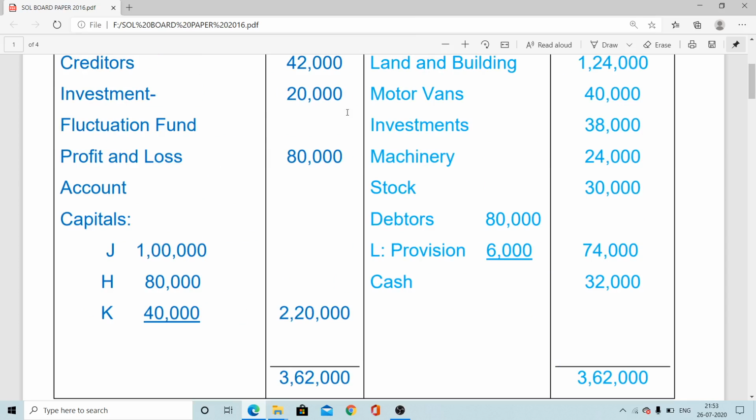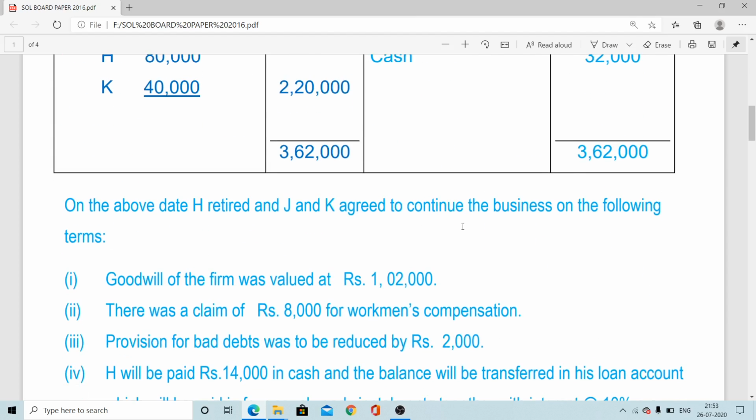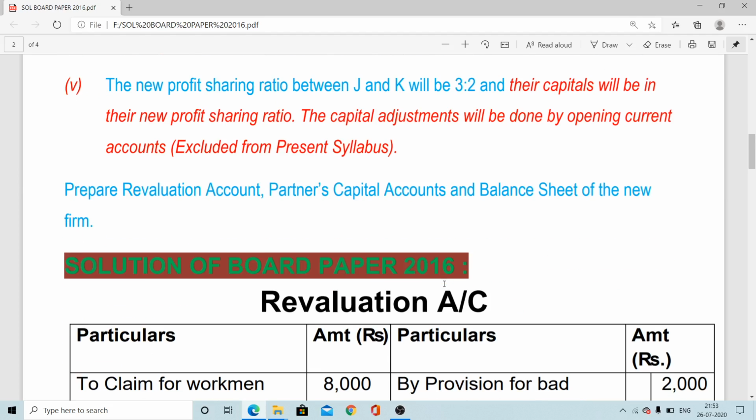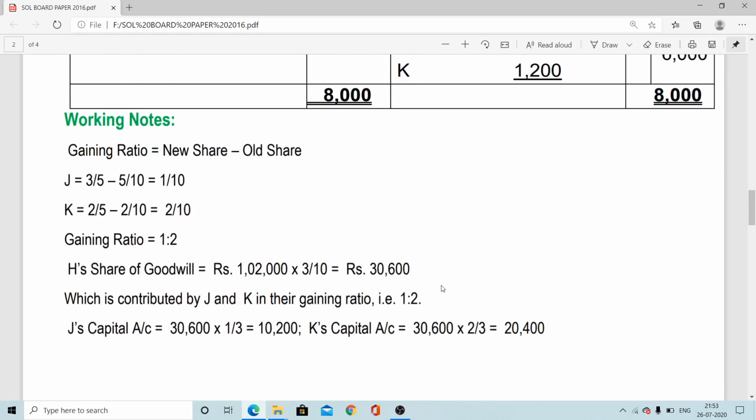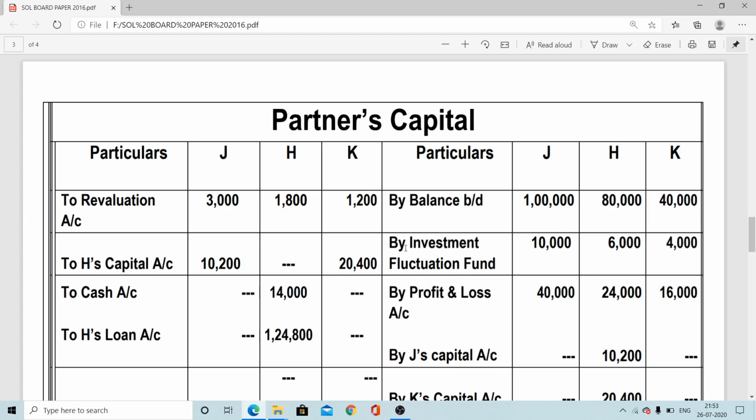The investment fluctuation fund is provided related to investment, but in the adjustments no more information is there, so we have to distribute the amount in the partners' capital accounts. When you distribute it, it will not appear in the new balance sheet. Exactly the same way, the profit and loss account, that is undistributed profit, we also distributed, so that is not going to appear in the new balance sheet. We know this system, so the same rule we apply here to prepare the new balance sheet, as well as the additional information and extra adjustments.